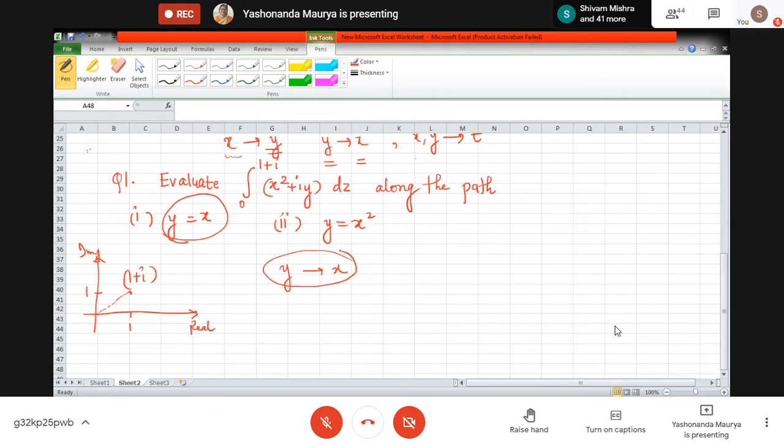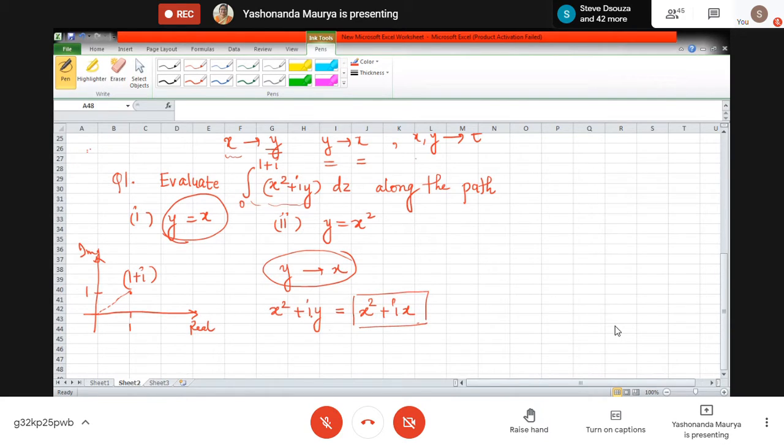In this case, my integrand x square plus iy will be equal to x square plus ix. So this is the function which we will be integrating now.